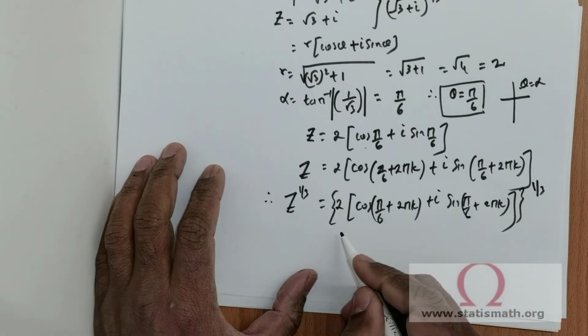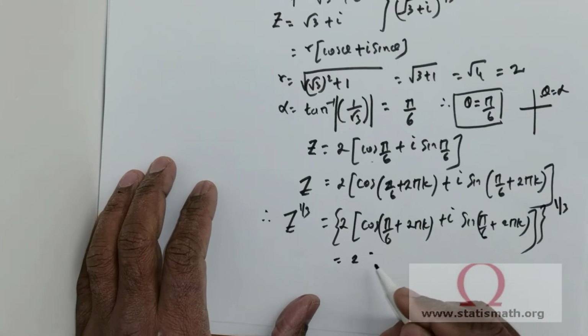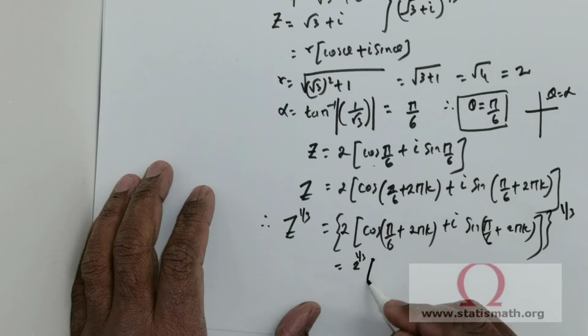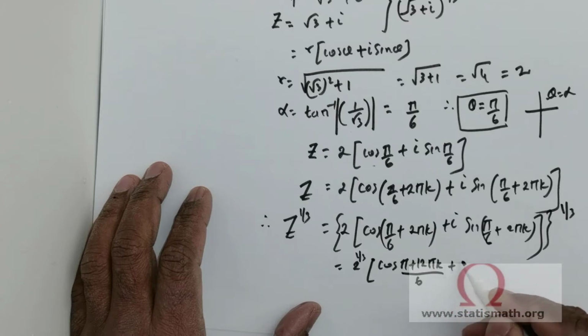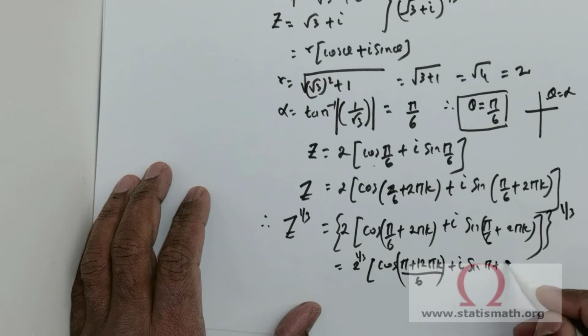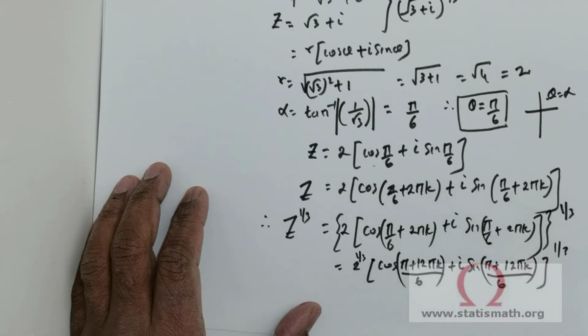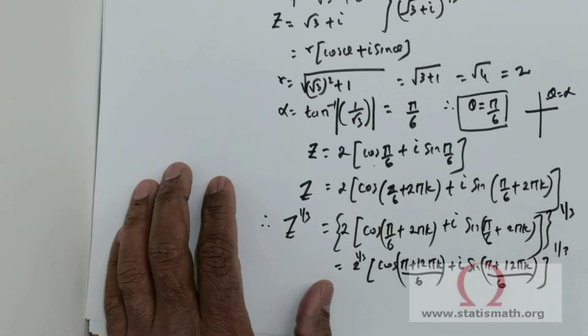Now I can rewrite this as 2 times of, in fact I can place 1/3 there, of cos of (π + 12πk)/6 + i times sine of (π + 12πk)/6. Now this is raised to the power 1/3.